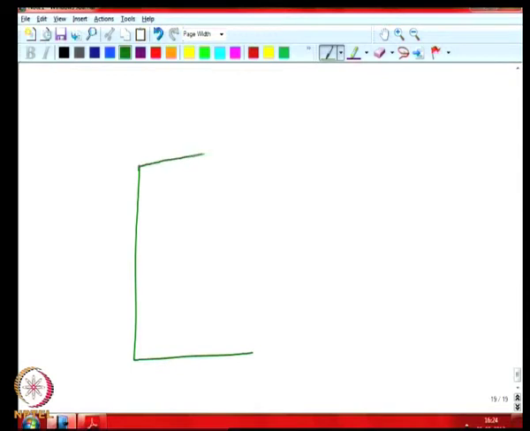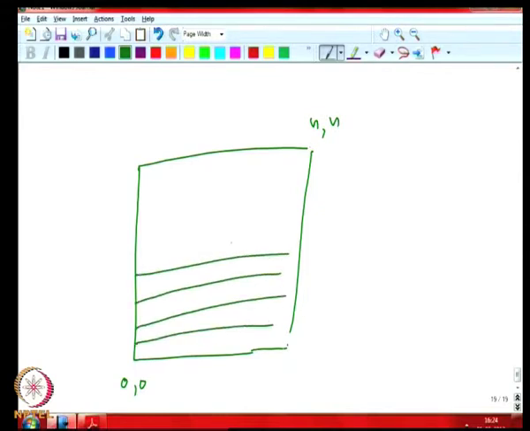So, we are supposed to reach from 0 0 to n comma n.